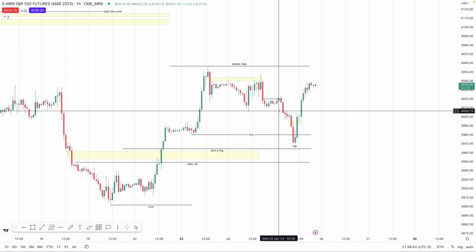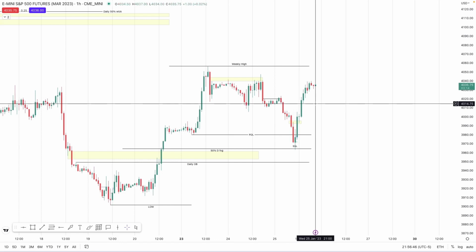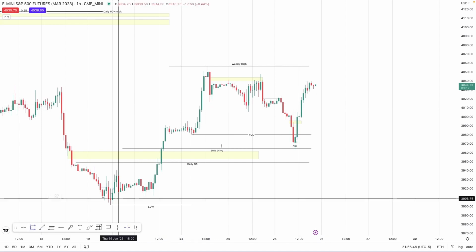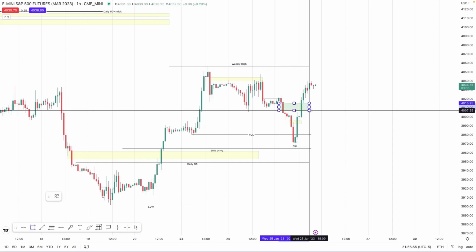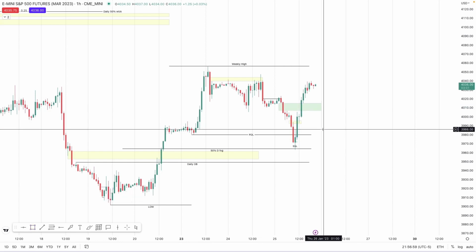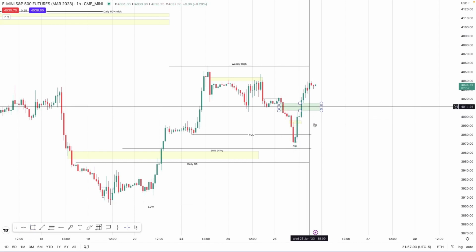We do have a BPR area right here, okay? So depending on how aggressive price wants to be, we might have to catch this later, but we'll just mark it out for right now. So we have a nice BPR area right here.